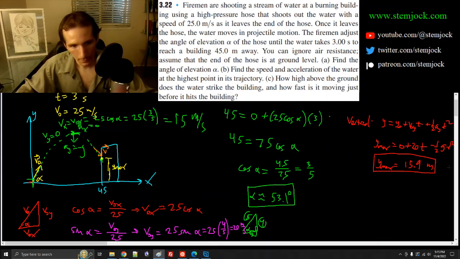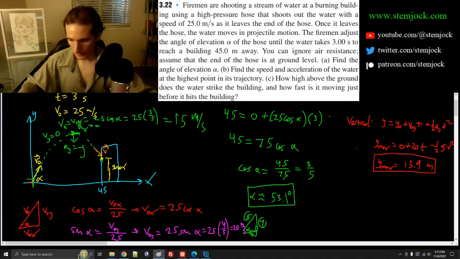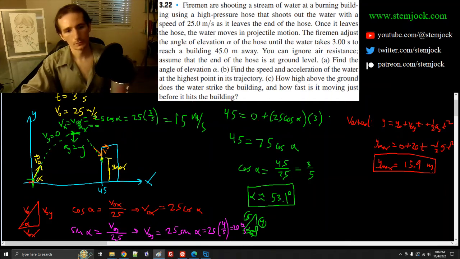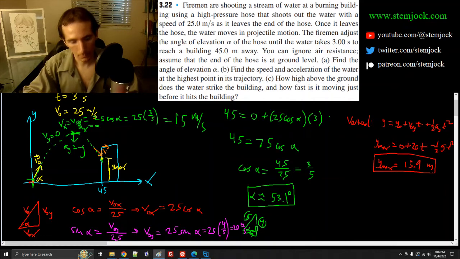All right, so finally, the final velocity vector. The components of the final velocity vector, right before it strikes the building, it's going to have an x component like this. This is Vx. And Vy is going to be like that, pointing straight down.